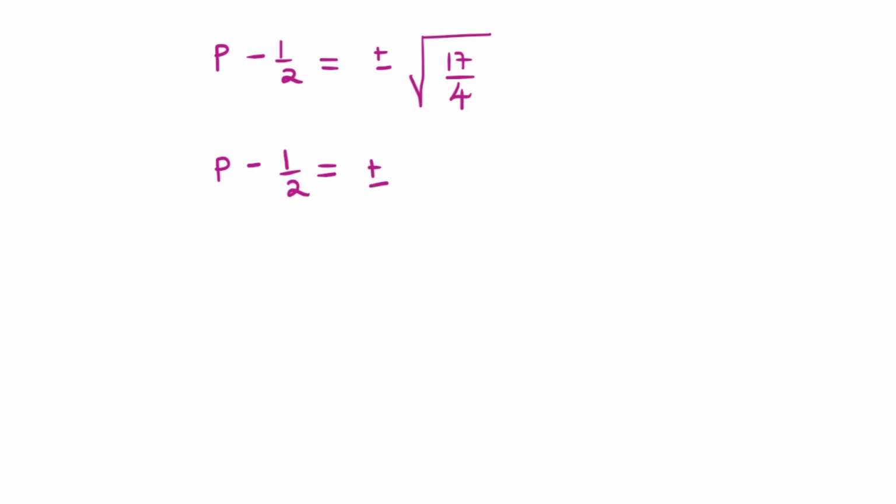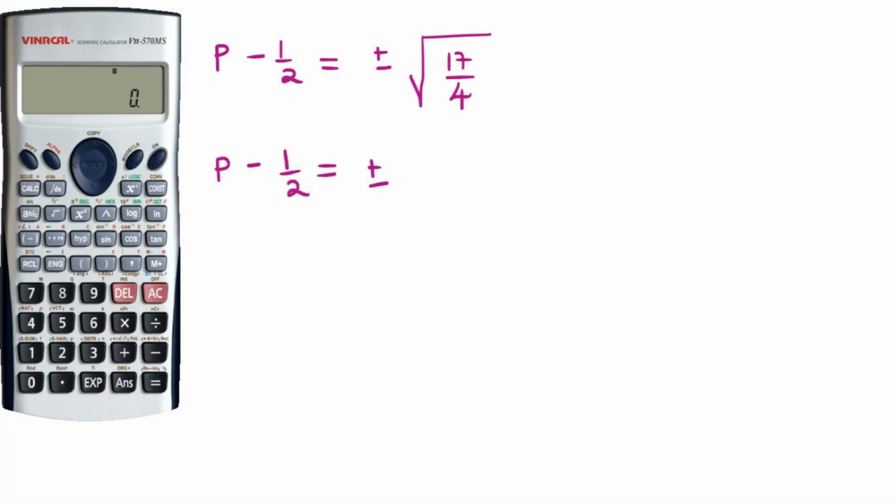We can bring our calculator. First of all we can say 17 divided by 4 will give us 4.25. Then we can find the square root of the answer, and this one will give us 2.06155.